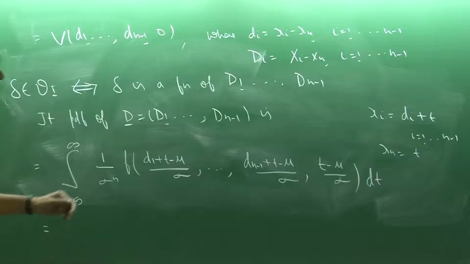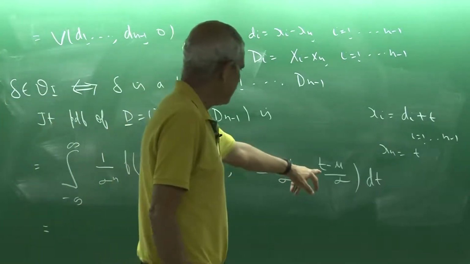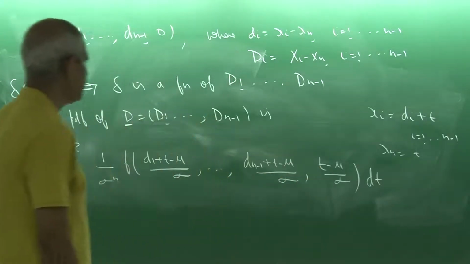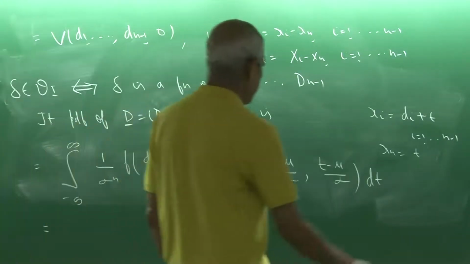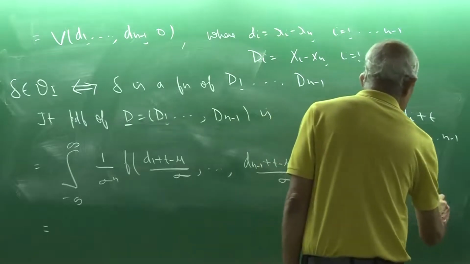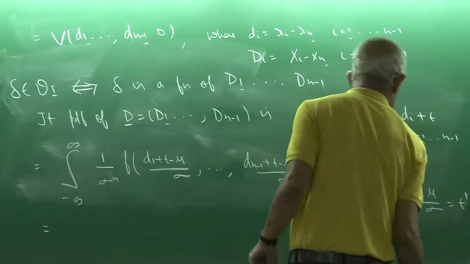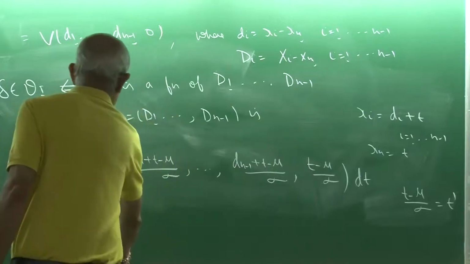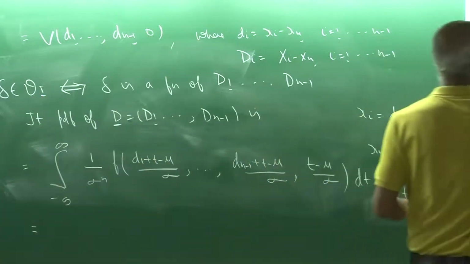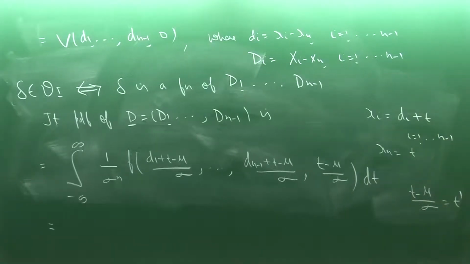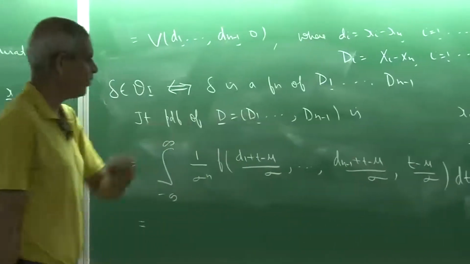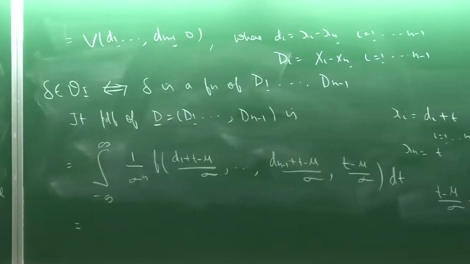Okay, what I can do is make the transformation (t minus mu) by sigma as t prime. So what do I get over here? Once I make this transformation, this 1 by sigma will go into the Jacobian part.